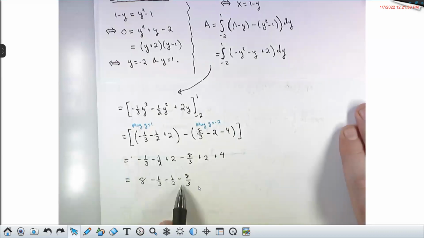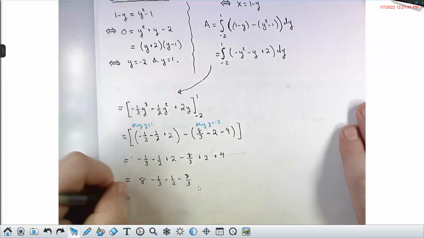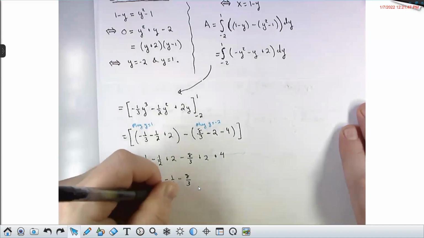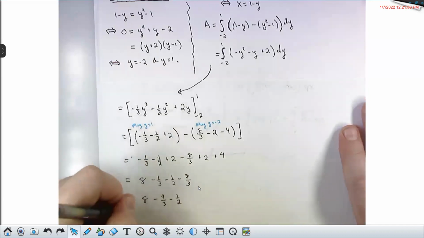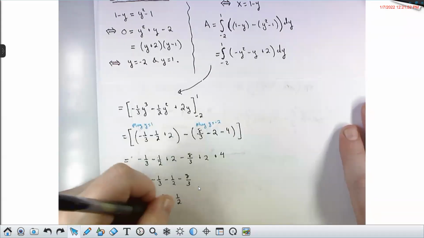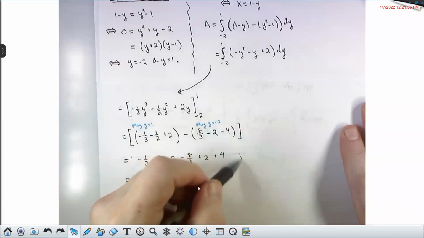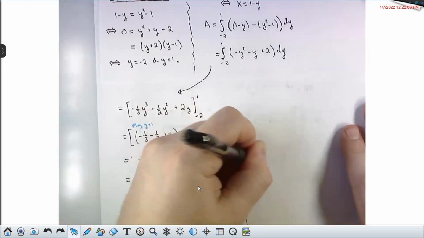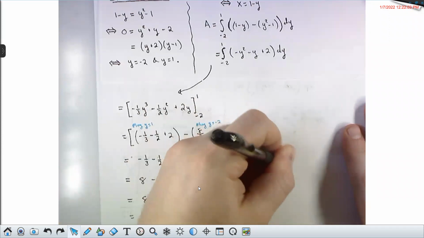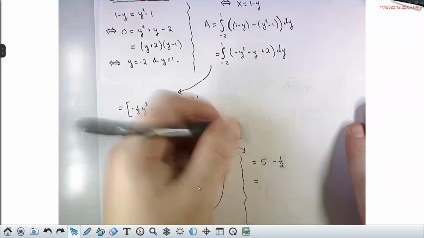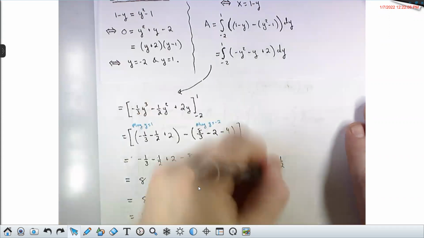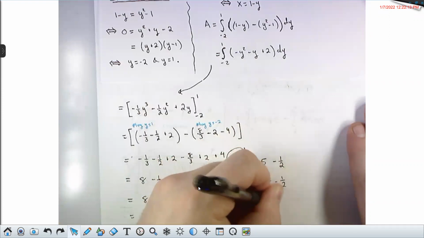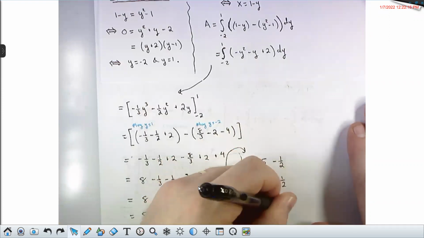Negative 1/3 minus 8/3 is negative 9/3. And 9/3 is 3. Eight minus 3 is 5. So this is 5 minus 1/2. And 5 as a ratio over 2 is 10. So this is 10 halves minus 1/2, which is 9 halves. And that's your final answer.